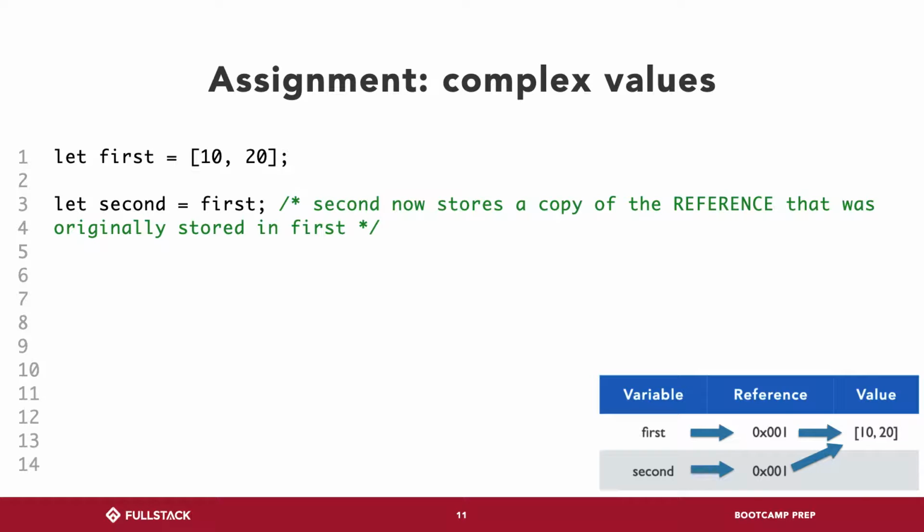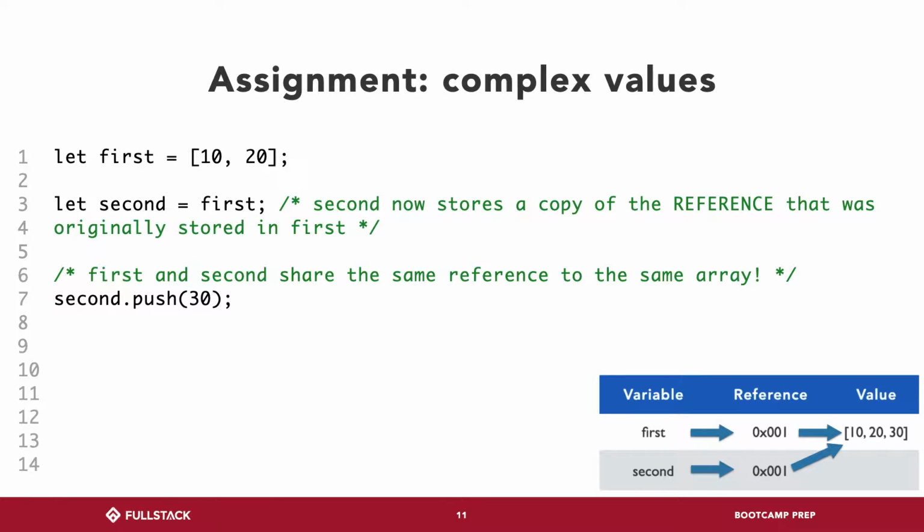So naturally, when you assign one variable to another, what is copied over is that reference. Now, if you see this diagram, variable first and variable second are pointing at 0x001. They're pointing to the same place. Does this visually make it more clear for you? I think this diagram helps, even though it's very basic.